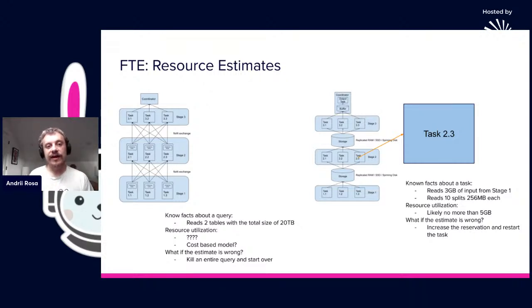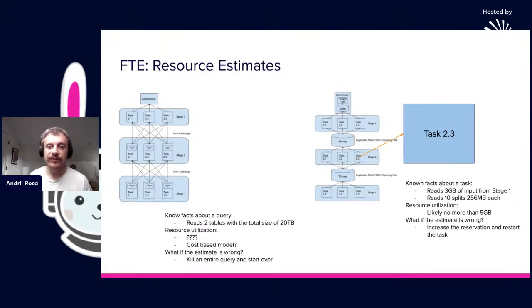But if you are executing your query at task granularity, you can estimate resources for a specific task. And for a specific task, you know exactly how much data this task is going to read. The number of operations within a task is also much smaller than in the entire query, so it is easier to predict resource utilization for a single task.